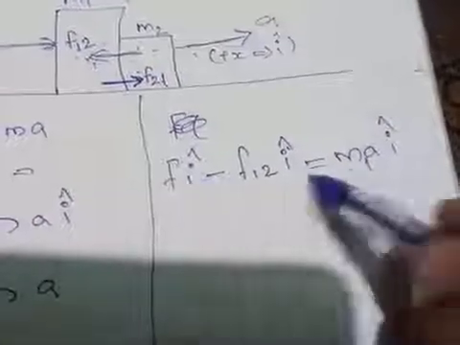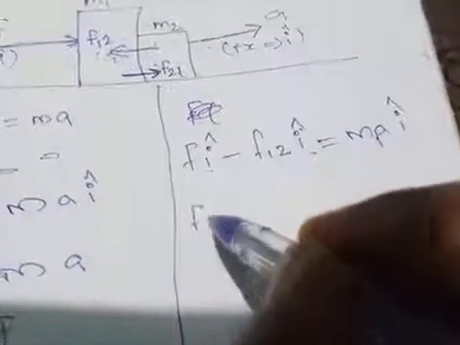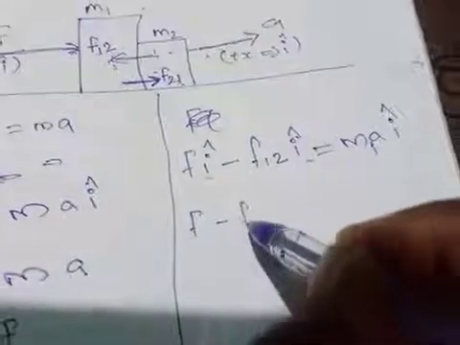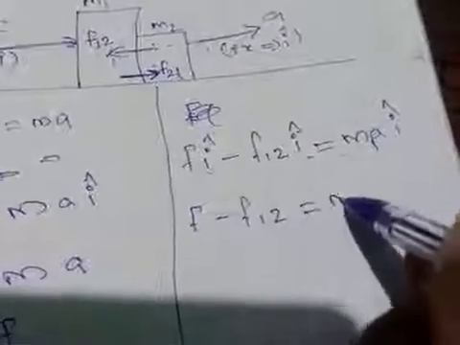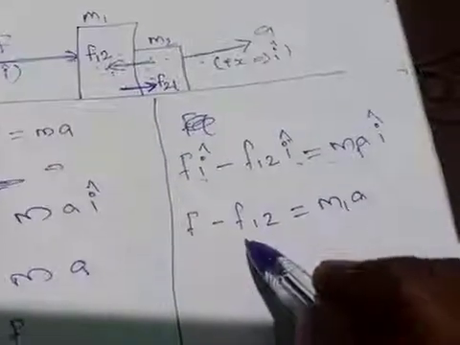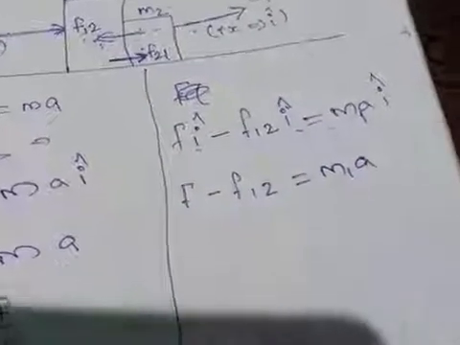Now you see, from this, comparing the components, which means we have to remove all these i. So F minus F12 is equal to M1 A. Now from this we can find out the force exerted on this mass M1.